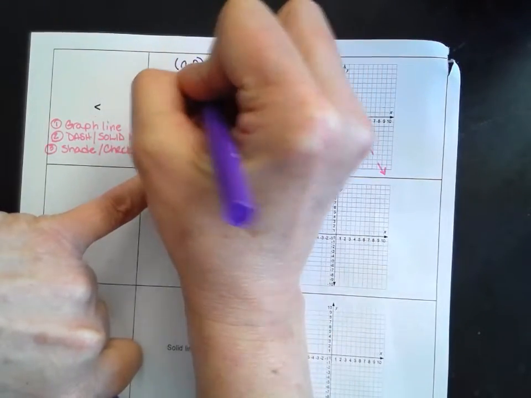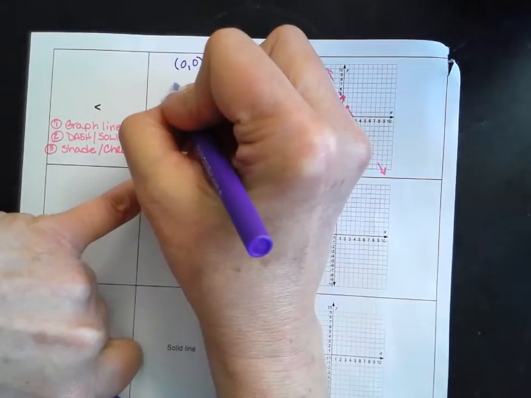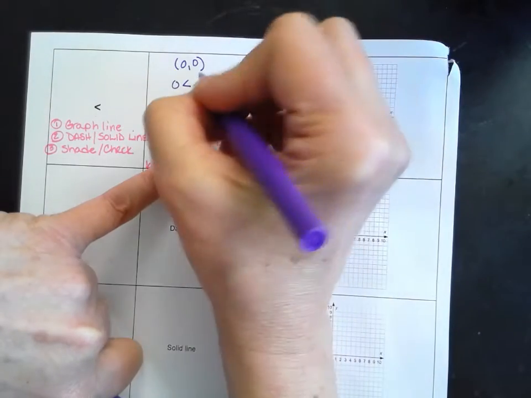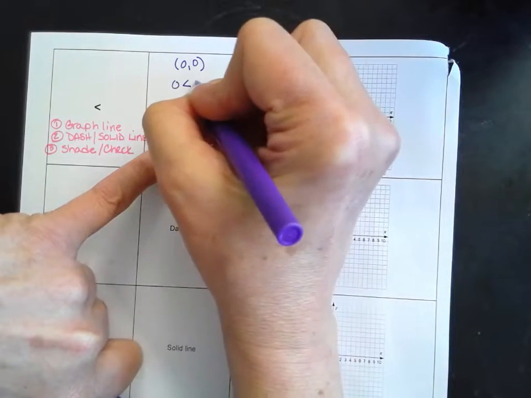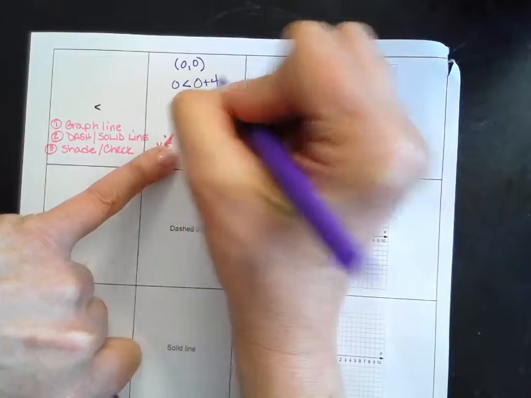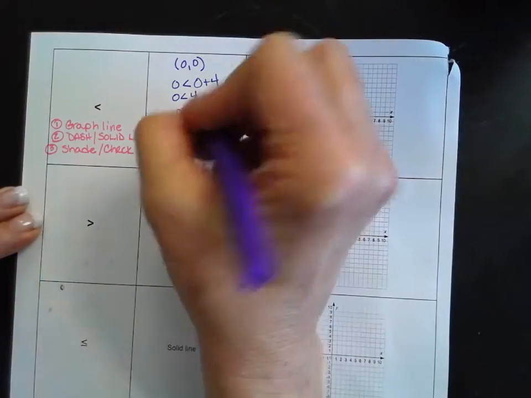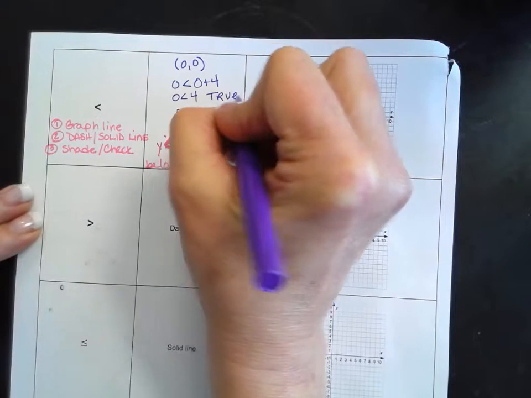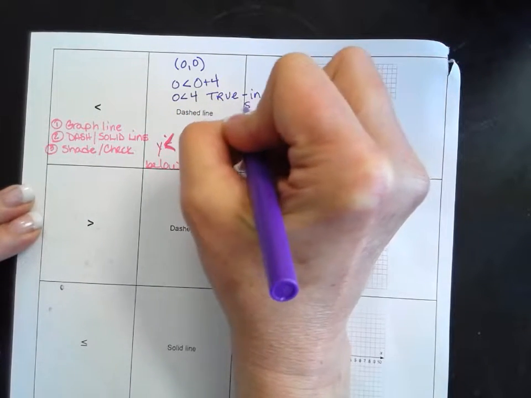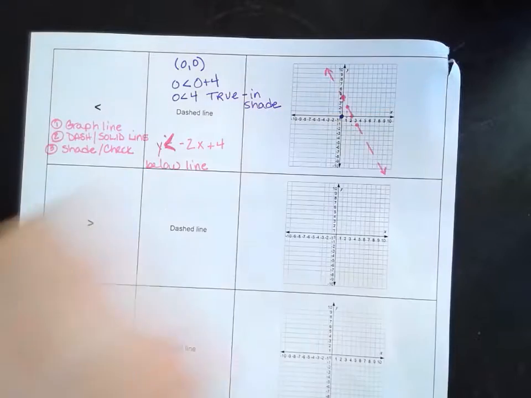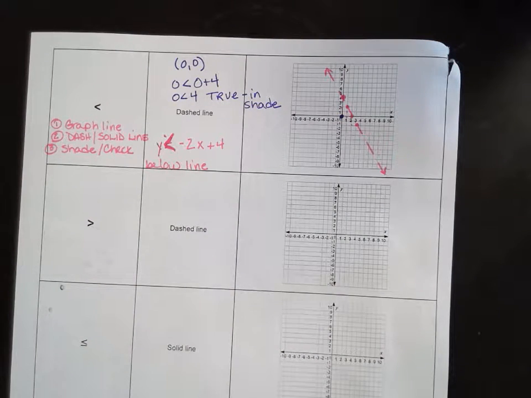So, because 0, 0 is easy, I can say 0 is less than negative 2 times 0, which is 0, plus 4. Is 0 less than 4? Okay, if it's true, it's in the shade. I don't get it. You don't get what? How do you get 0 plus 4?